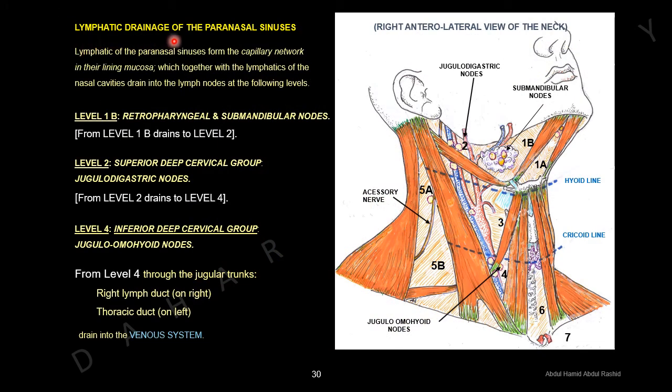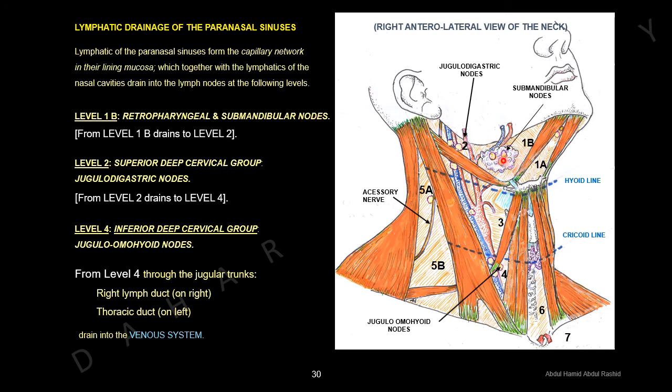Lymphatic drainage of the paranasal sinuses. Lymphatics of the paranasal sinuses form a capillary network in their lining mucosa, which together with the lymphatics of the nasal cavities drain into the lymph nodes at the following levels. Level 1B, retropharyngeal and submandibular nodes.